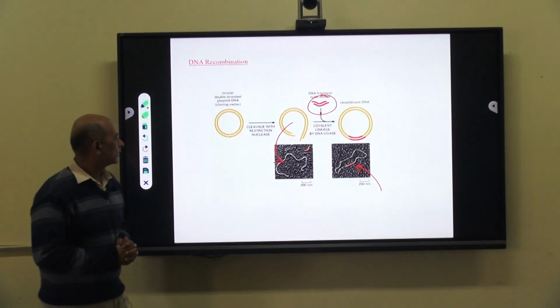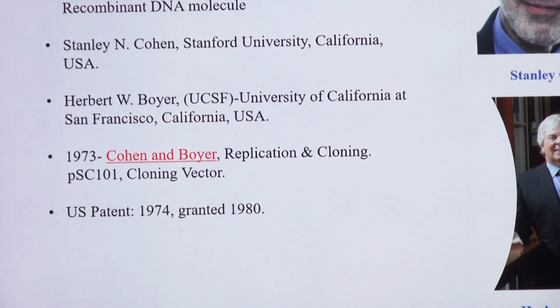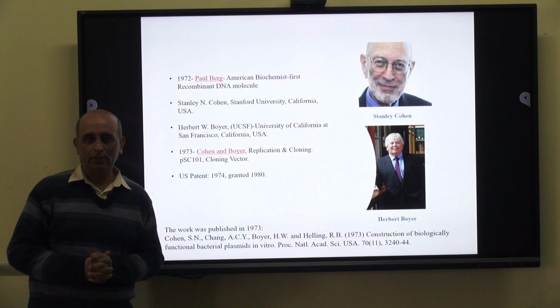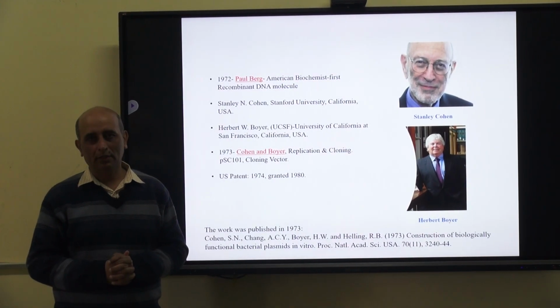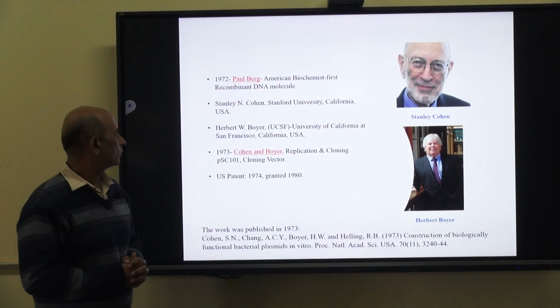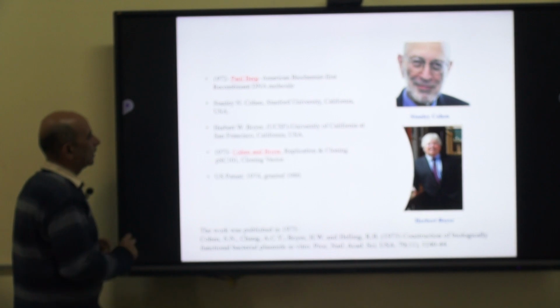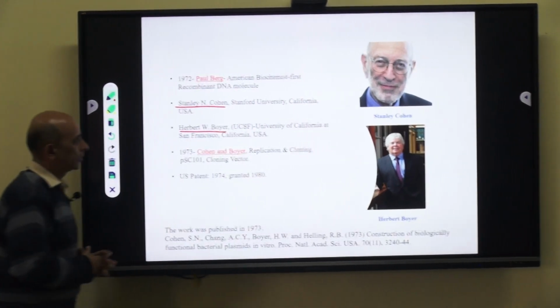So this vector is used for cloning, and the creation of this recombinant DNA molecule and cloning started in 1972 with the experiments of Paul Berg, and later on it was the work of two scientists, Stanley Cohen and Herbert Boyer.